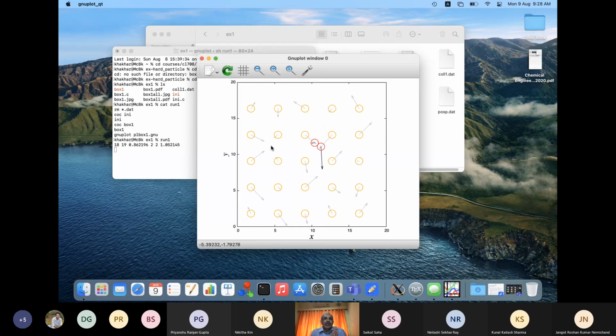So this is what I started with, the initial positions. The orange circles show the initial positions of all the particles. So there are 25 particles here, you can see, and all of them have been given random velocities.